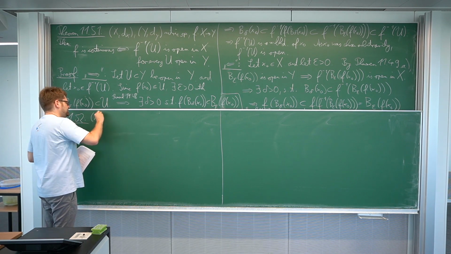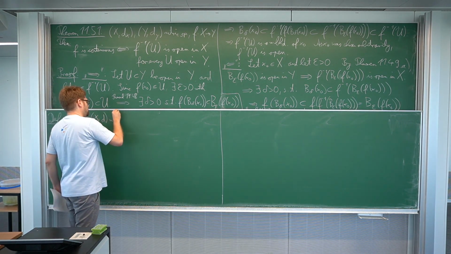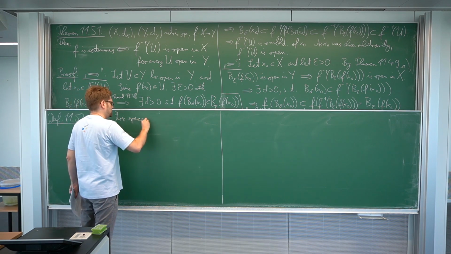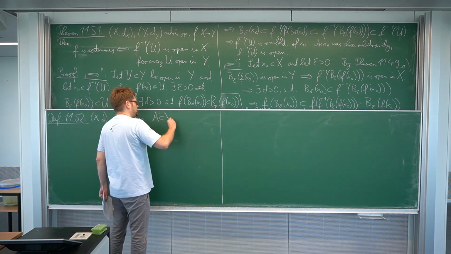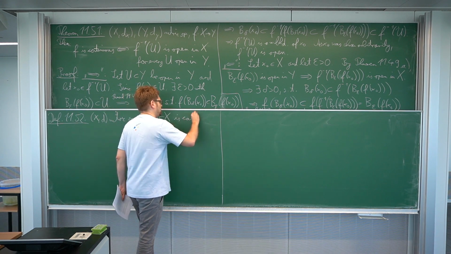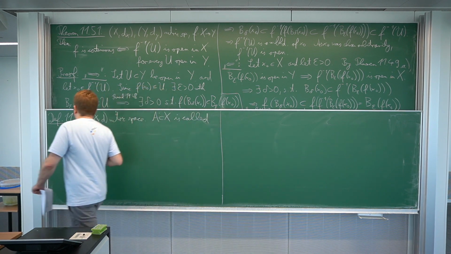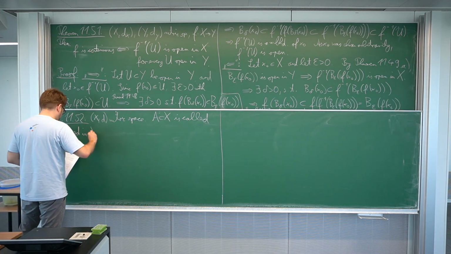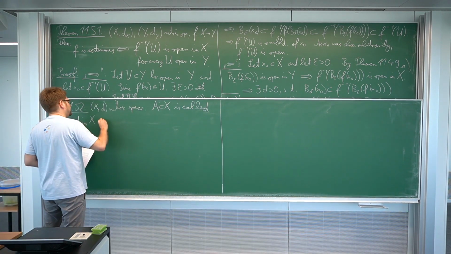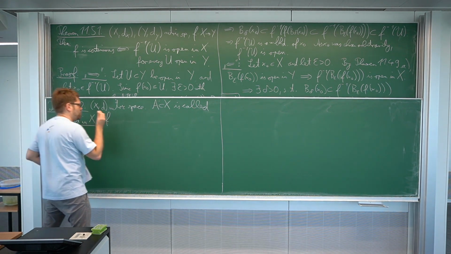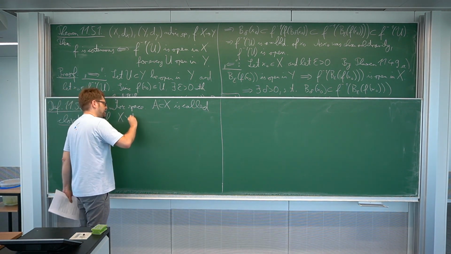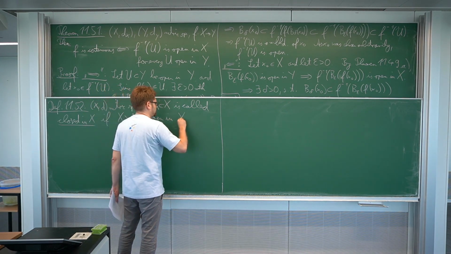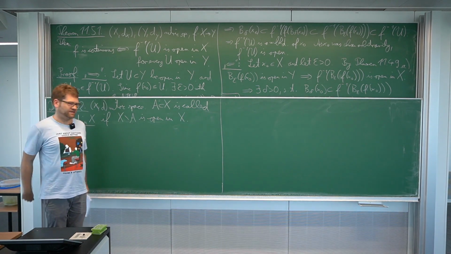Namely, if (X,d) is a metric space, a subset A of X is called closed in X if the complement of the set, X minus A, is open in X. Oh great, how inventive.